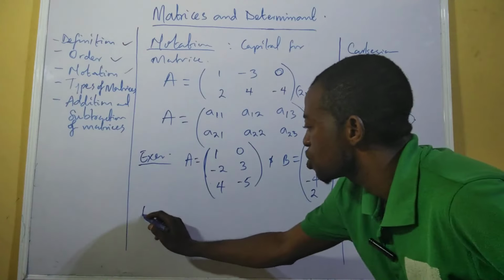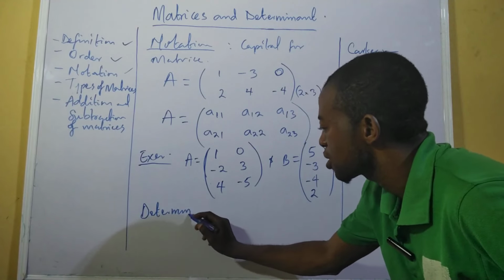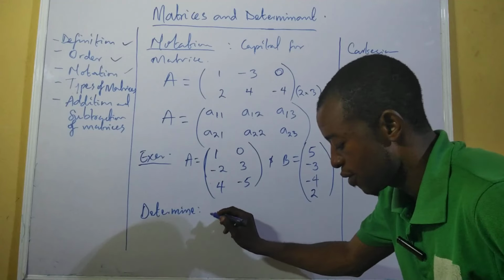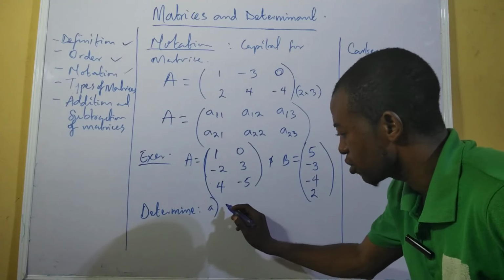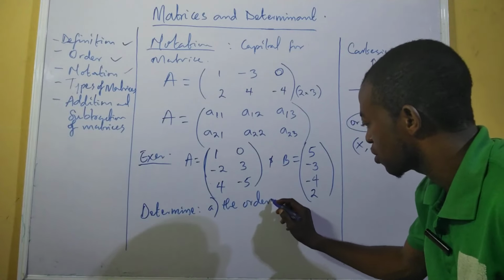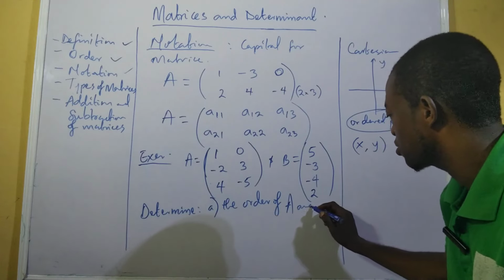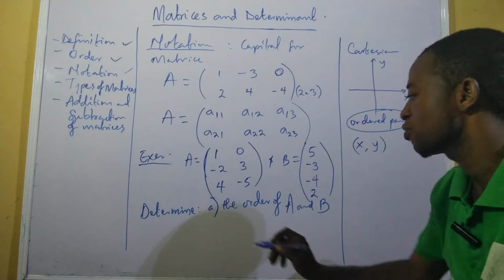The question says we should determine the following. A: the order of A and B. So what's the order of matrix A and B?